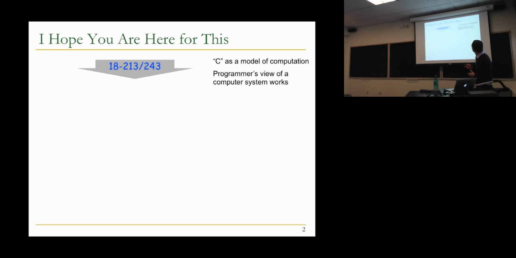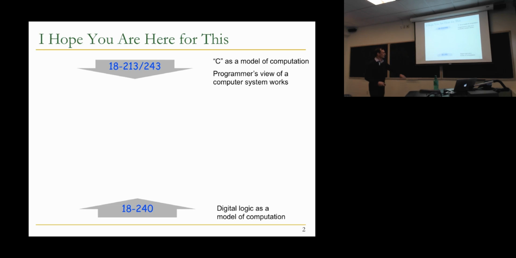And I hope you've seen the programmer's view of how a computer system works in that class. And you've also taken, hopefully, it's a prerequisite, 240, in which we had digital logic as a model of computation, as a model of getting things done. And you saw a hardware designer's view of how a computer system actually works, how a computer system is designed. In fact, you designed a computer system. Maybe not the full thing, but components of it, right?